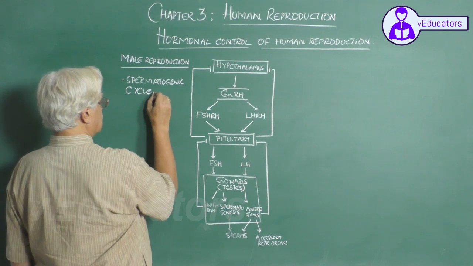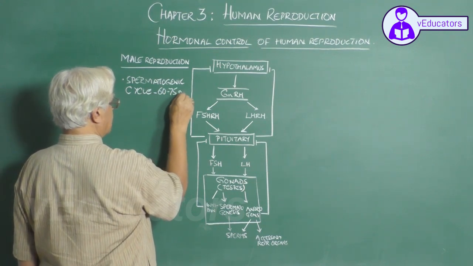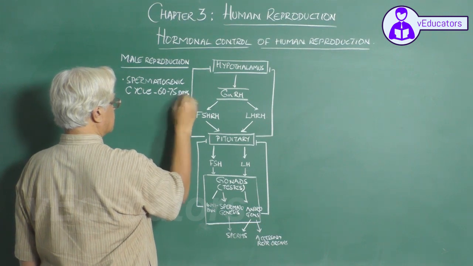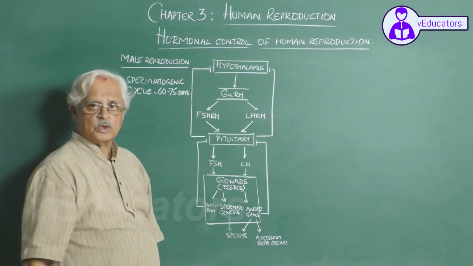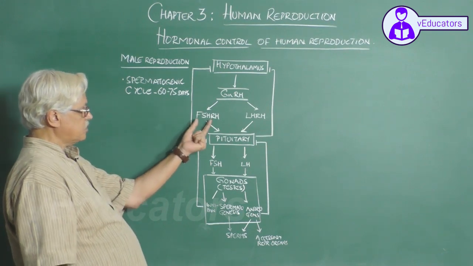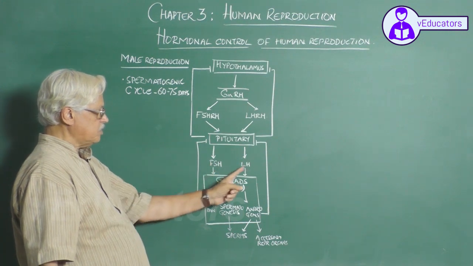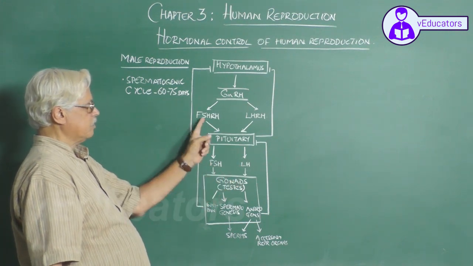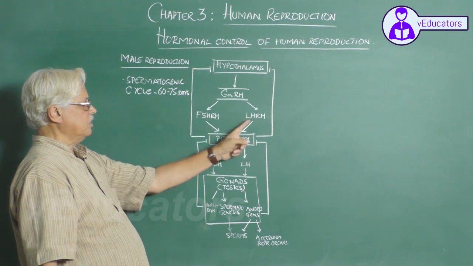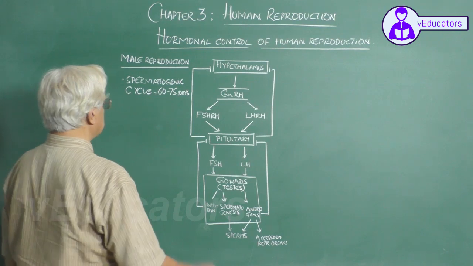Spermatogenic cycle takes about 60 to 75 days. So during these 60 to 75 days, depending on the requirement, the concentration of FSH and LH has to vary. Accordingly, the concentration of FSH-RH and LH-RH also has to vary.